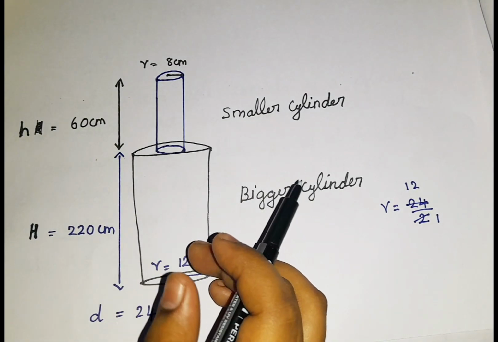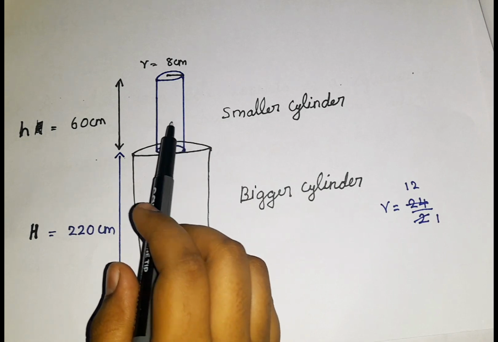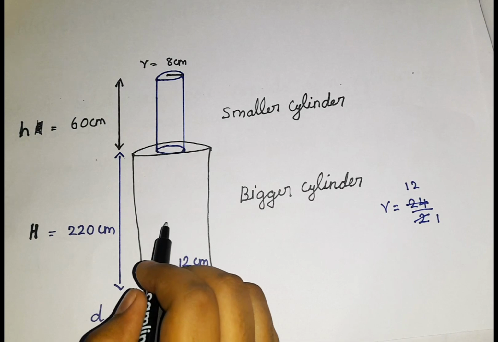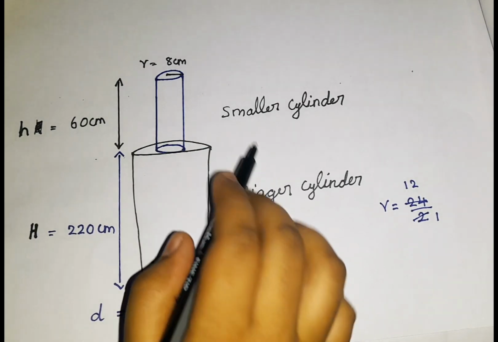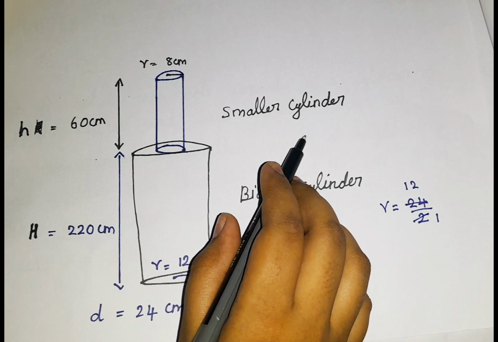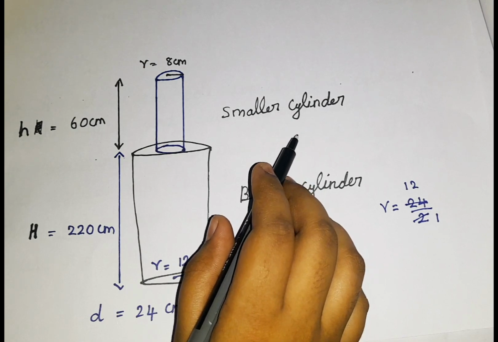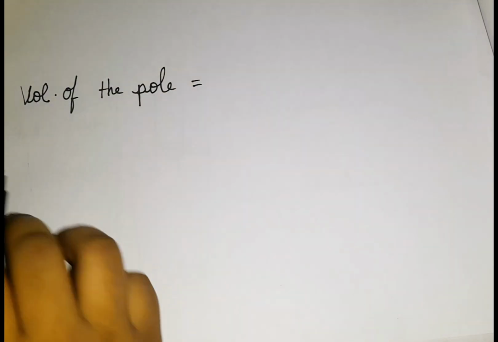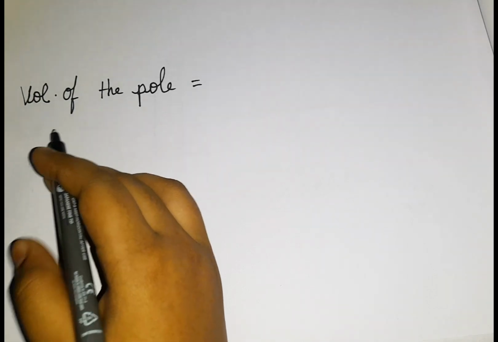How to find the volume of the pole? So we have smaller cylinder and bigger cylinder, am I right? So I am going to be writing volume of bigger cylinder plus volume of smaller cylinder. Okay, so let us apply the formula, and then we are going to be substituting the values and finding it. Alright guys, so we are supposed to find the volume of the pole.